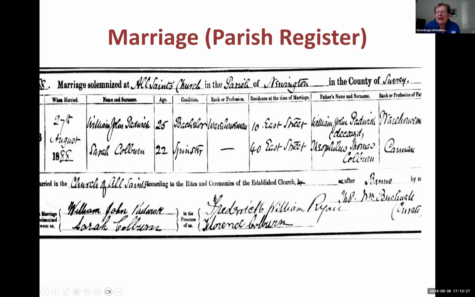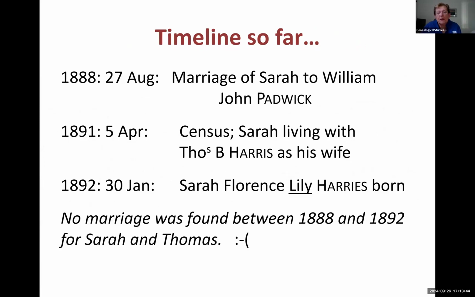So this was in 1888, but we've seen in the 1891 census that Sarah is living with Thomas Bruce Harries. So what's happened in those 3 years? Here we are, just confirming, 27th of August, 1888 was the marriage of Sarah to William John Padwick.